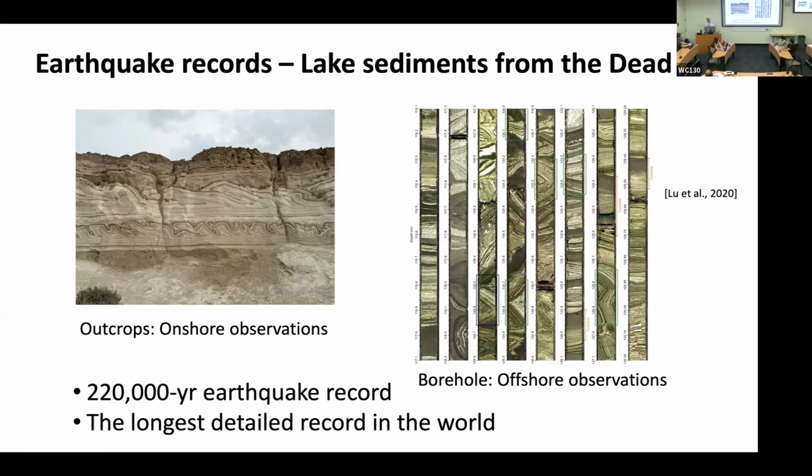So this is a layer of sediments that were accumulated somewhere on the lake over there, and they were disturbed by shaking. And we then went and extended it to 220,000 years using observation from borehole. So this is the longest detailed record of paleoseismic events.